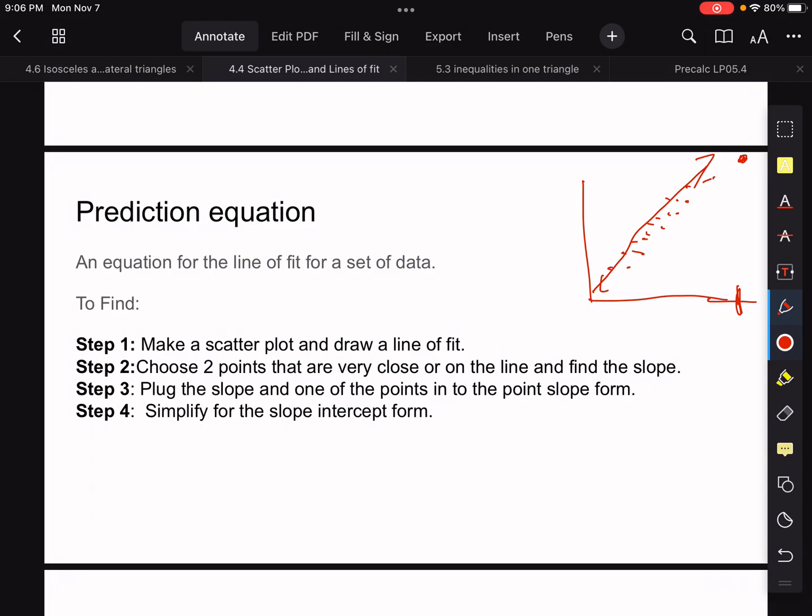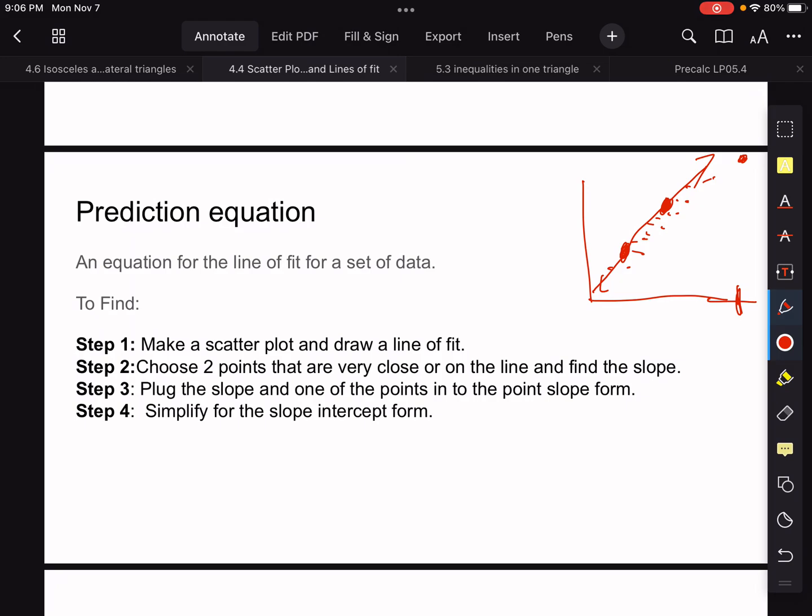What you'll then do is choose two points, any two points that are close to the line. So maybe I chose this one and this one, and you're just going to use those two points to come up with an equation for the line. If you know two points, you can find the slope. If you know the slope and a point, you can find the equation of the line, using your point-slope form.